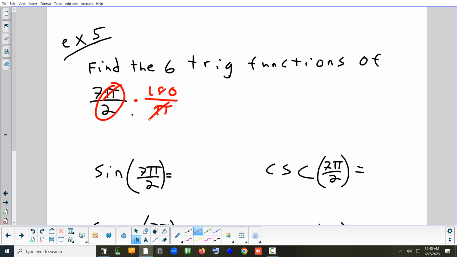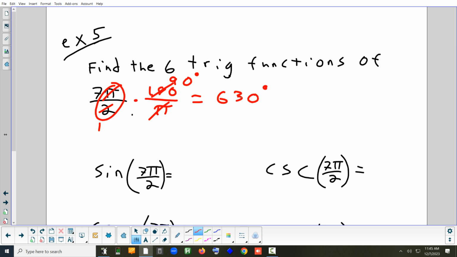And then 2 goes into 180 how many times? Yep, 90. And now you're left with 7 times 90, which is how much? 630.